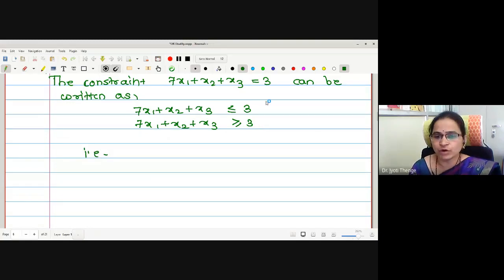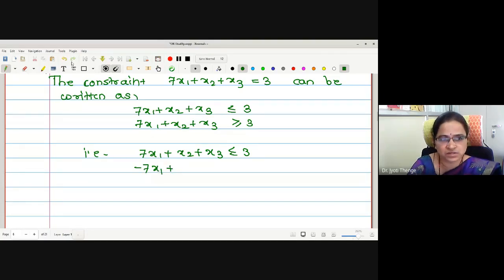Okay, but we want both the inequalities to be in less equal form. Therefore, I multiply the second inequality by minus 1, so that it becomes minus 7x1 minus x2 minus x3 less equal minus 3.